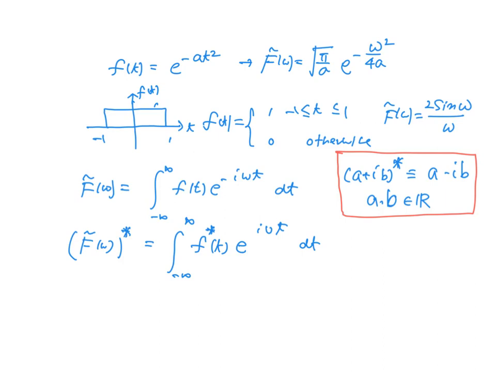microphone. I didn't know. So the complex conjugate of a plus ib is defined as a minus ib when a and b belong to R, real numbers. And this complex conjugate is known in Korean as Fourier.